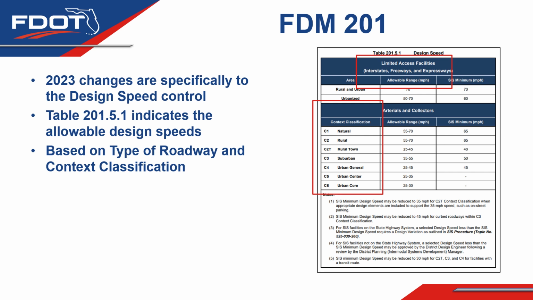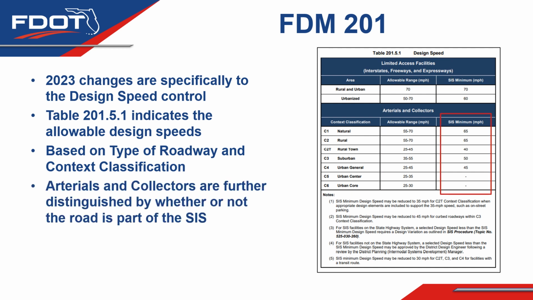So you see limited access facilities are separated from arterials and collectors, and the arterials and collectors are differentiated by their context classification. Also, you'll notice that the arterials and collectors are further distinguished by whether or not they are a part of the SIS. And we're going to talk about the SIS in just a moment.